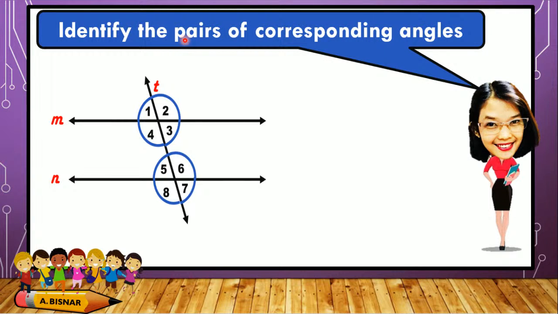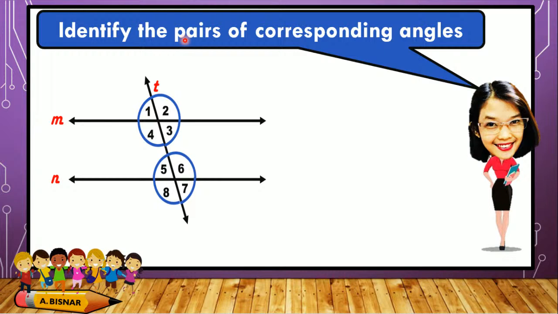And for the last one, identify the pairs of corresponding angles. What are those? So, there are 4 pairs.